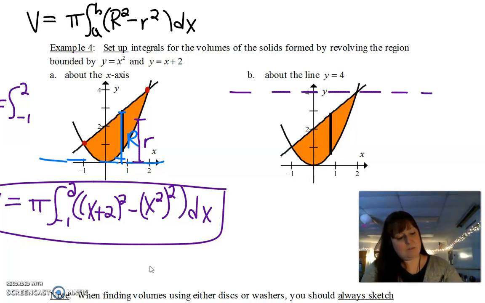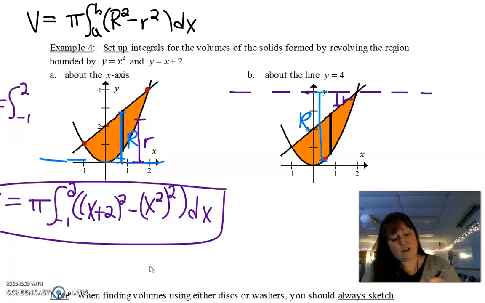Big R is going to be from the farthest away function all the way to the axis of revolution. That's going to be big R. And then little r is going to be from the axis of revolution down to the closest function.